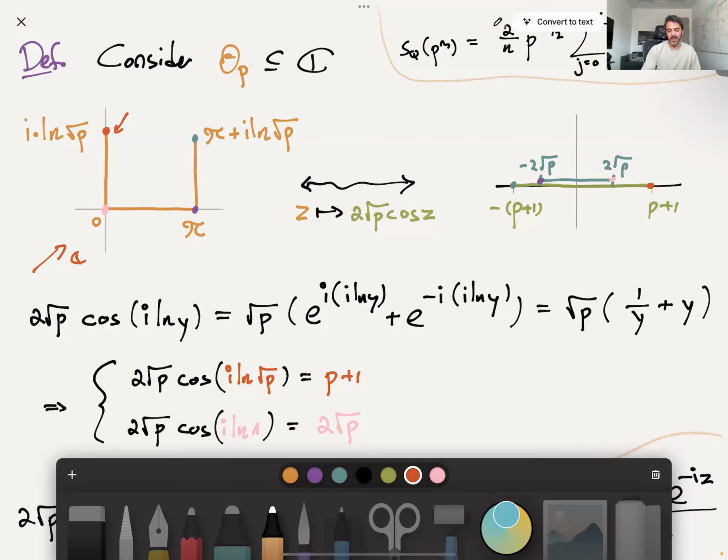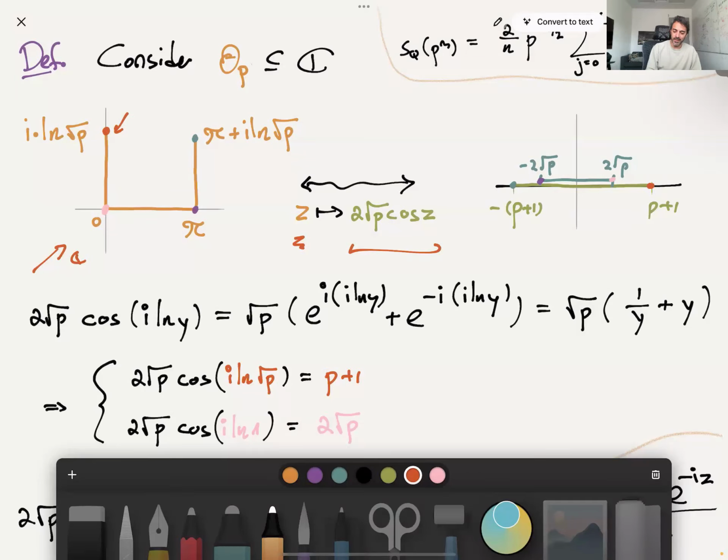You'll see why we care about this thing in a second, but let's consider the map from this theta p that takes z to square root of p times cosine of z. And what I claim, and we'll talk about it, is that this is actually a bijection between theta p and the real interval between minus (p plus 1) to (p plus 1).